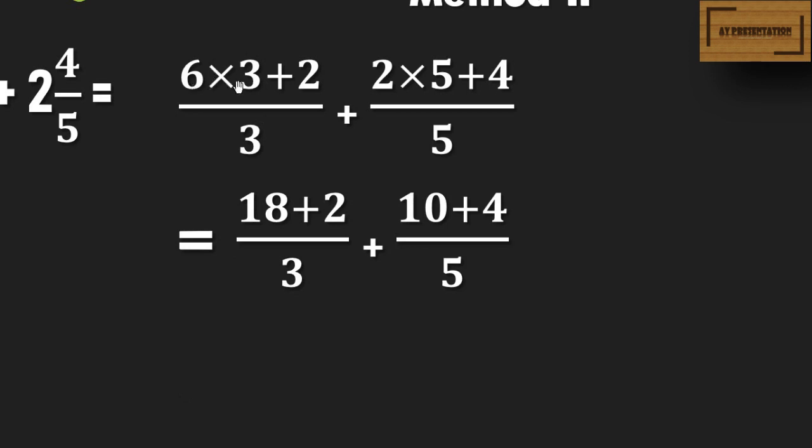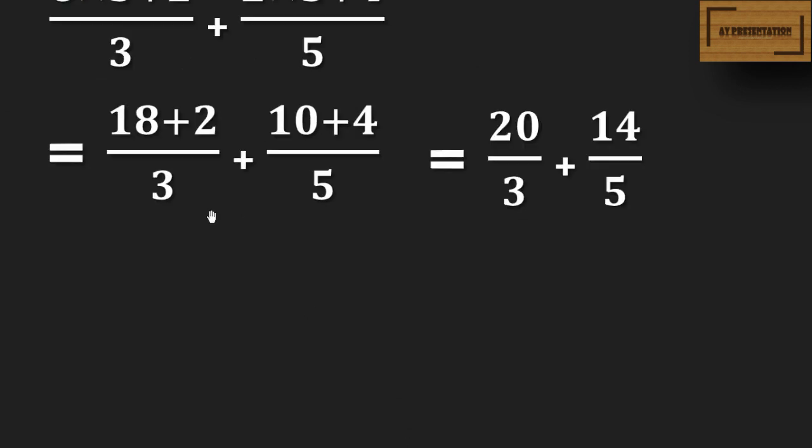Now 6 multiplied by 3 is 18, plus 2, and denominator 3, plus 2 multiplied by 5 is 10, plus 4, and denominator 5. So 18 plus 2 is 20, and denominator 3 as it is. Then plus 10 plus 4, which is 14 upon 5.